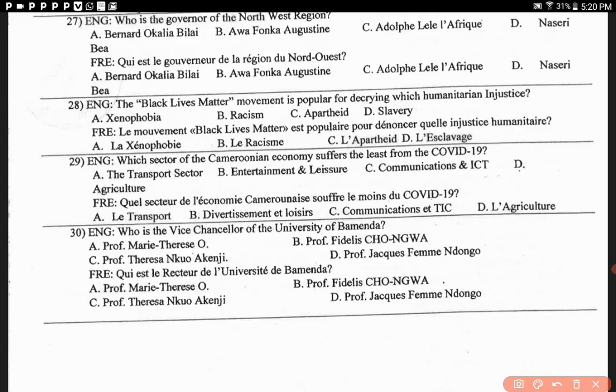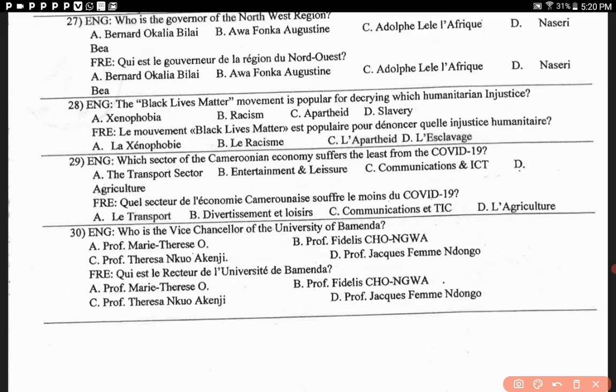The sector that did not suffer too much. We have the transport sector. Why did it suffer so much? In vehicles, they did not want people to sit close to each other. Taxis were carrying 3 people instead of 5. So the transport sector suffered.